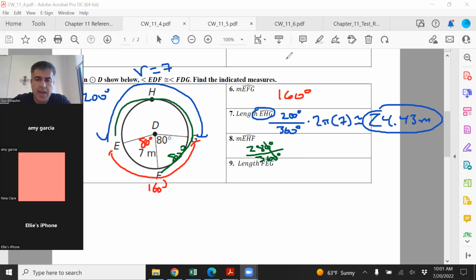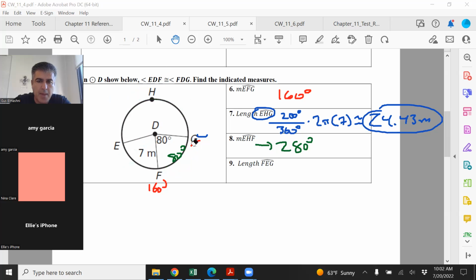But before I do that, I'm getting ahead of myself, sorry. EHF, that's just 280 degrees. I was actually doing number 9 for you guys, sorry. Actually, I don't know what I was doing. Just 280 degrees, EHF. So let me erase this. It's getting a little too busy. My apologies. Had a mental lapse there. EHF. Remember, this portion was 200. And that was 80. So you get 280.